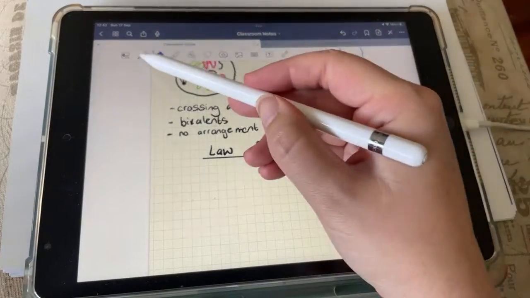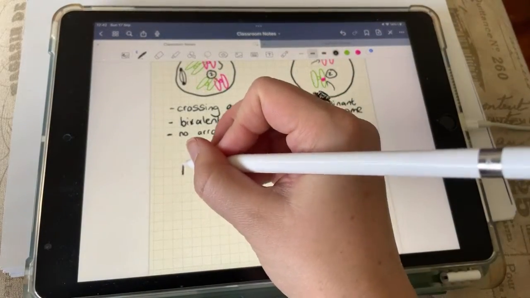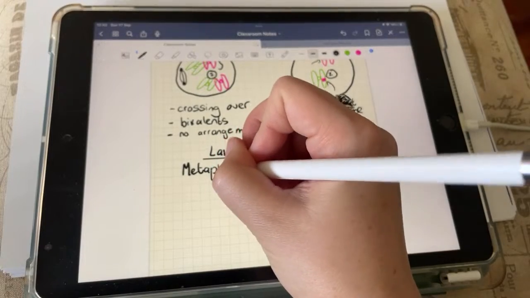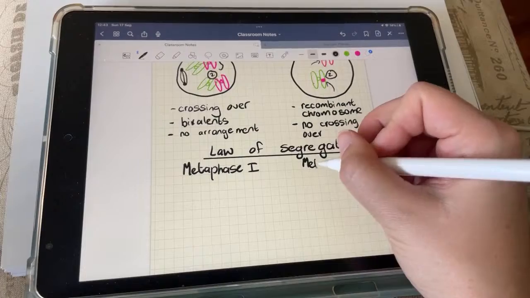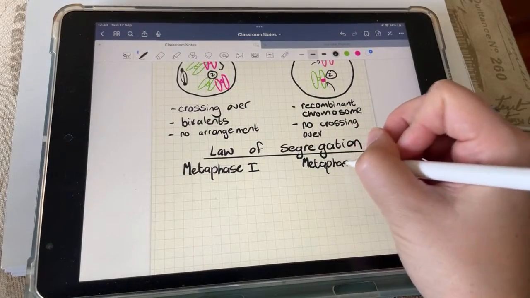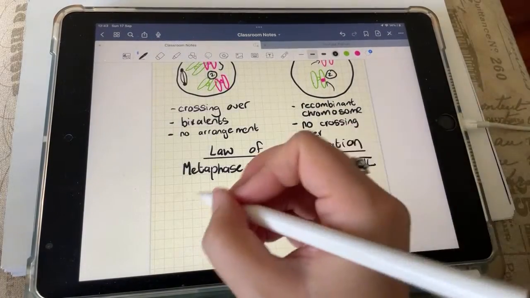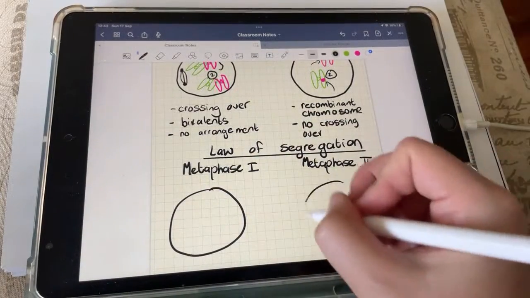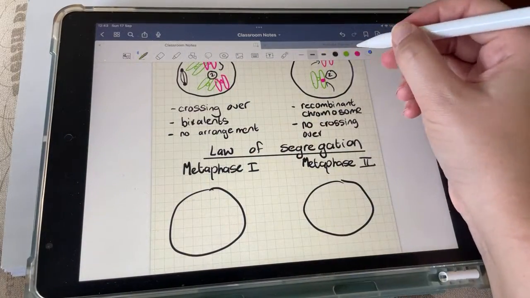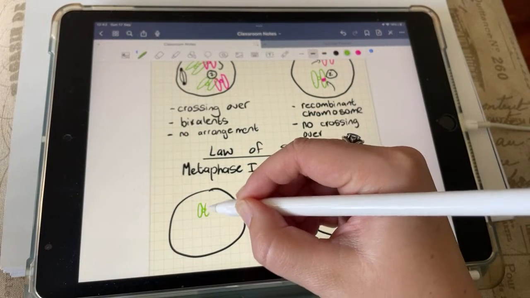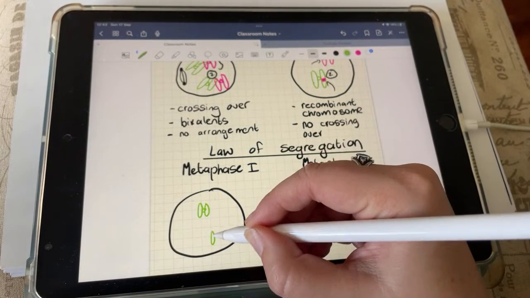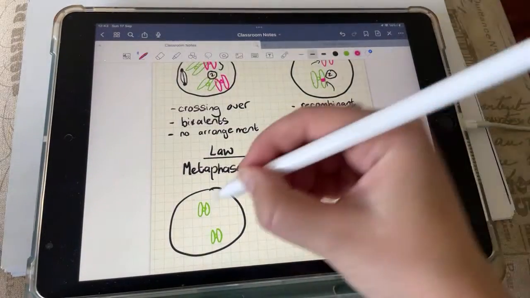Let me show you the problem people have. When we talk about metaphase 1 and 2, the problem is we don't know what to look for and we look too quickly. Let me show you what happens. So here are my two cells. This is the difference between metaphase 1 and 2. The chromosomes are going to align on the equator.